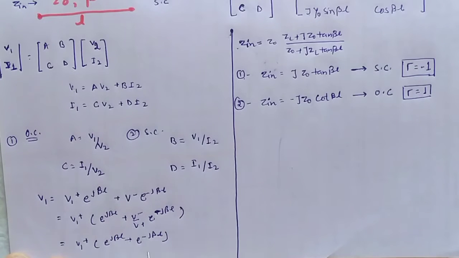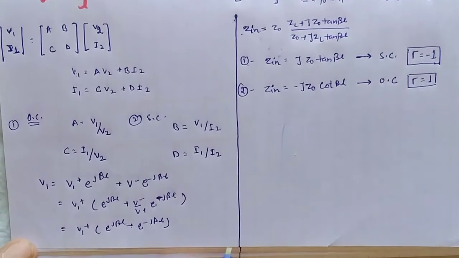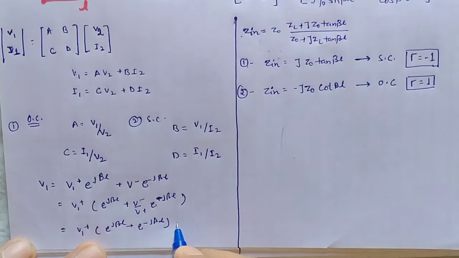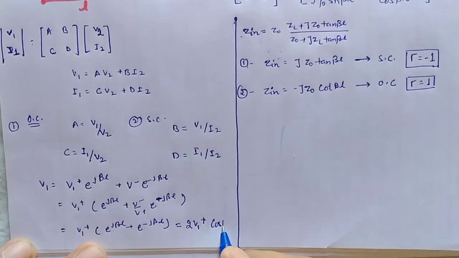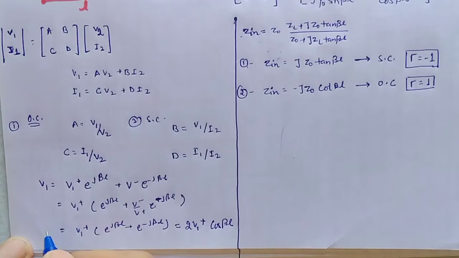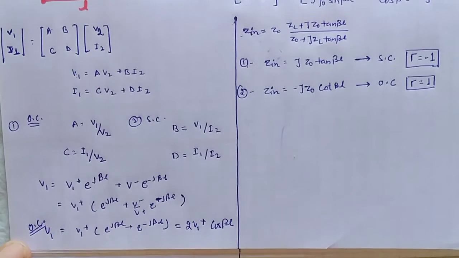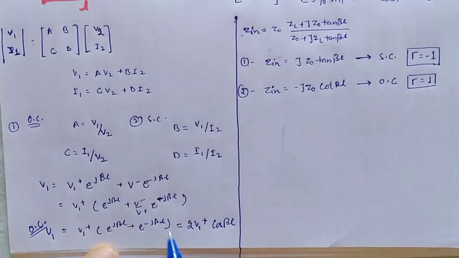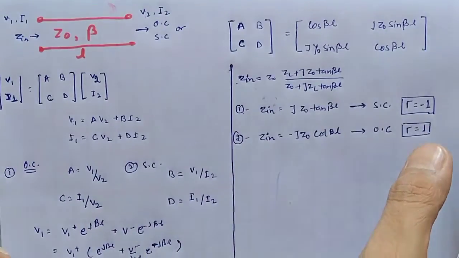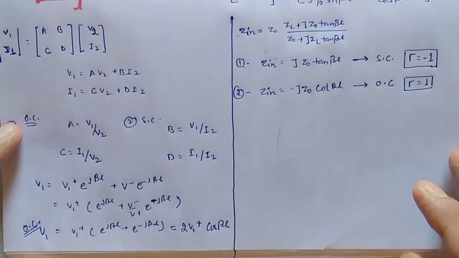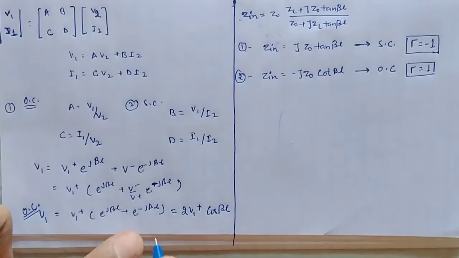Now if I multiply and divide by 2, I can convert this in terms of cos beta L. So this will be written as 2 V1 plus cos beta L. This will be my V1 for open circuit. And the maximum V2 will be nothing but the maximum voltage here if there is no drop. So the maximum voltage will be given as, if cos beta L is 1, I will get V2.